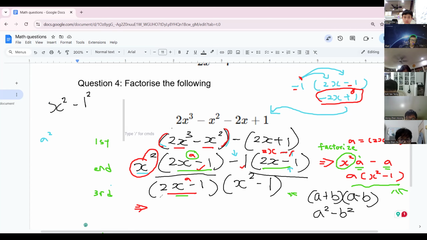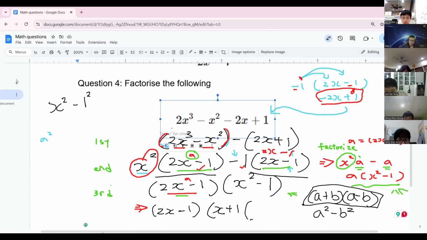So we can rewrite it in this form. It becomes x plus 1, x minus 1. Yes, this will be the final answer.